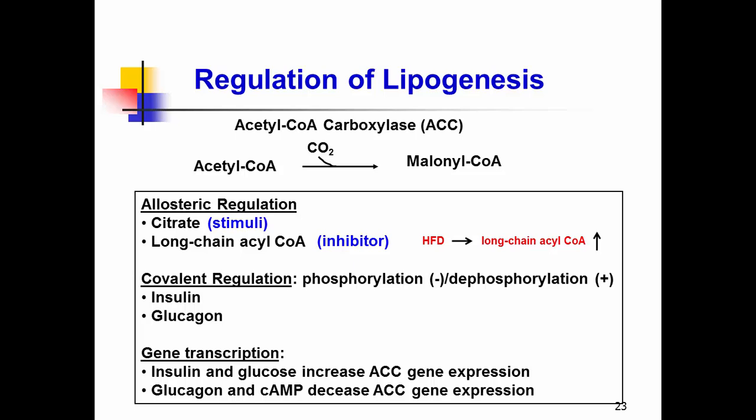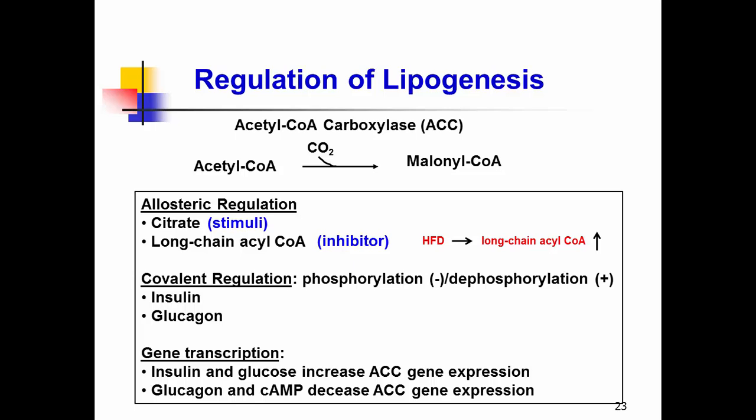The second level of regulation is called covalent regulation, basically phosphorylation and dephosphorylation, right? The two hormones, insulin and glucagon, regulate ACC enzyme activity by controlling phosphorylation or dephosphorylation of ACC. And the last level of regulation is gene transcription.